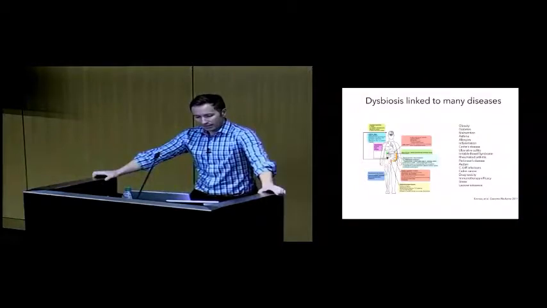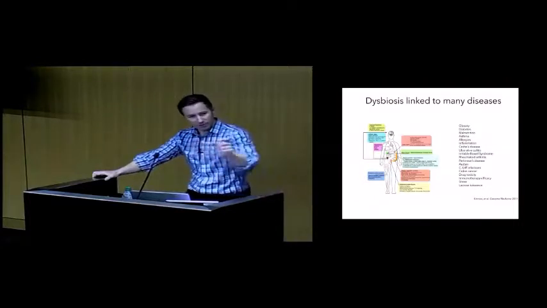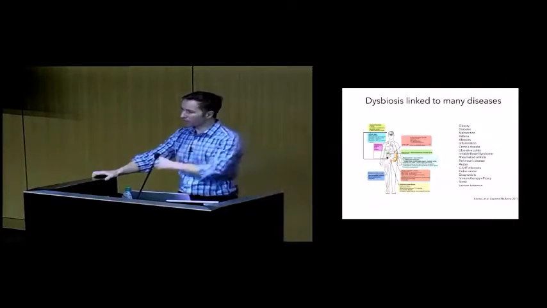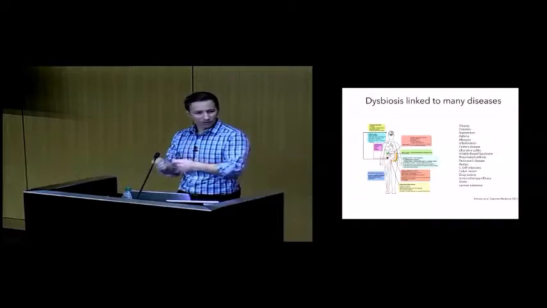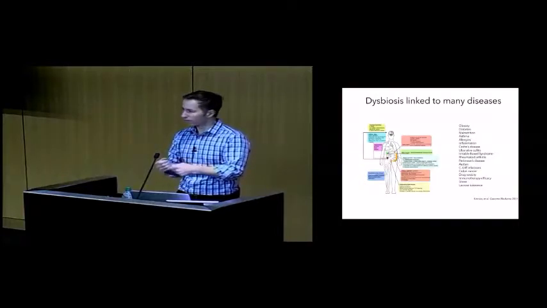And it's got this enormous amount of functional complexity. There are somewhere around 100 times as many genes, different types of genes, in your microbiome as there are in your own genome. So they're basically like these little chemical factories inside you, converting drugs, delivering drugs of different kinds to you.